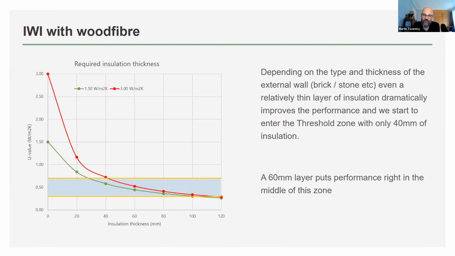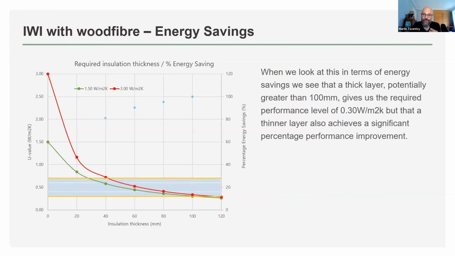But even with just a 40 mil layer, I'm already getting down into that threshold level, that level that might well be acceptable with discussion and deliberation with building control. A 60 mil layer of insulation puts you right in the middle of that zone, and it also highlights that that might be an appropriate thickness in terms of your return on investment.